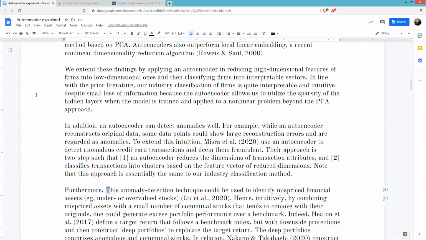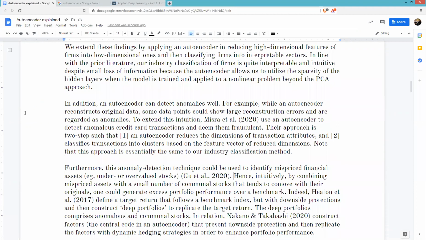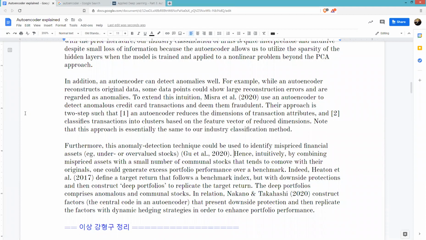Furthermore, this anomaly detection technique could be used to identify mispriced financial assets like under or overvalued stocks. Hence, intuitively, by combining mispriced assets with a small number of common stocks that tend to co-move with their originals, one could generate excess portfolio performance over a benchmark.